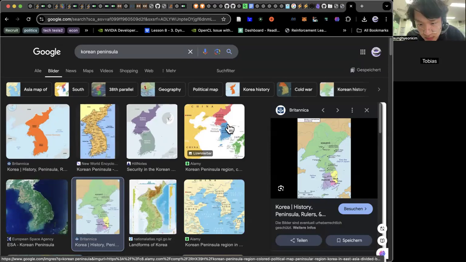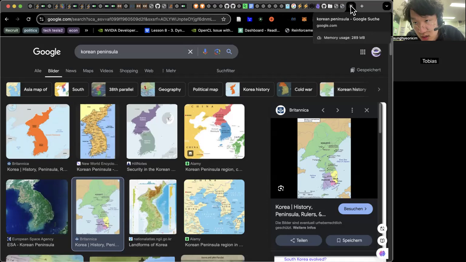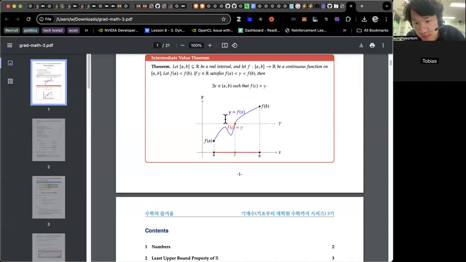So if we select A and B, f(A) and f(B), then there's some gamma which will be bigger than f(A) and smaller than f(B), which means there is some specific area which satisfies some specific temperature.